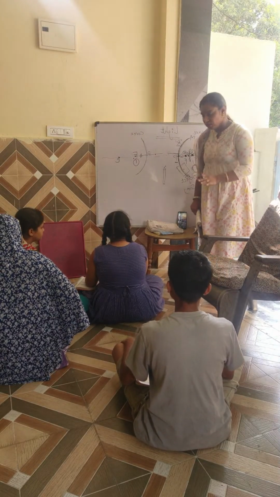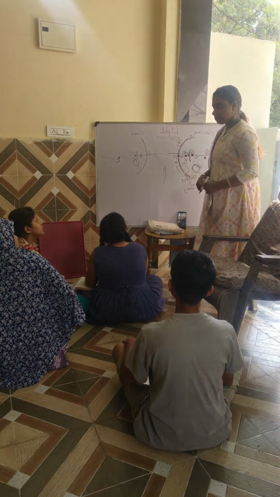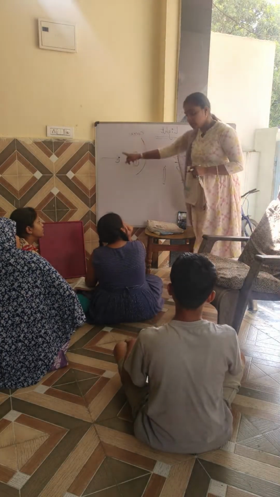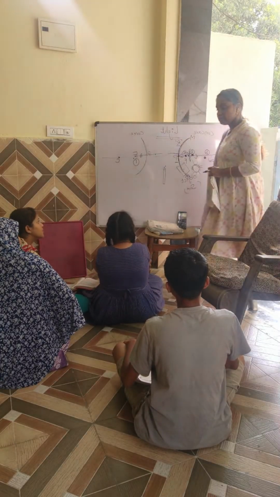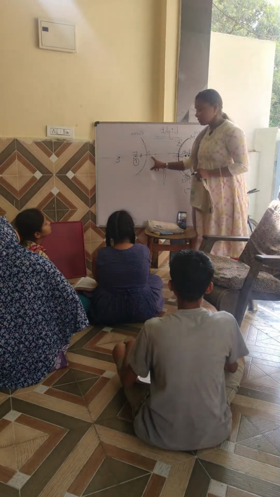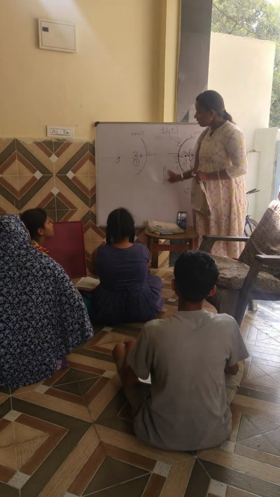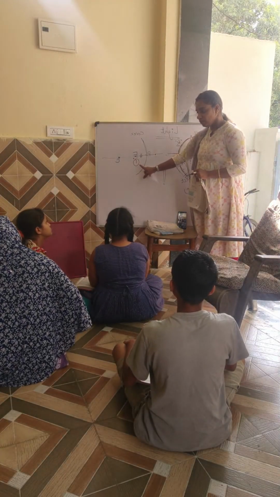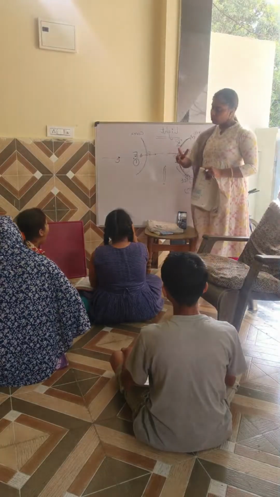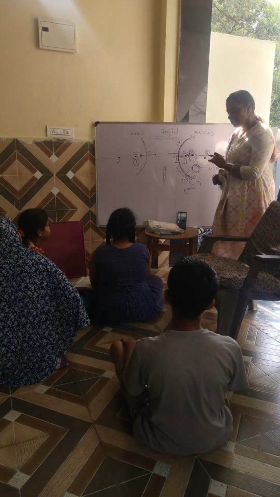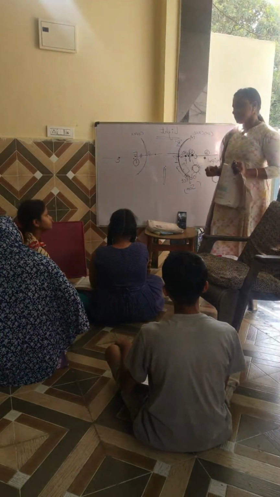So if you keep the object at infinity, the image is behind the mirror and will form at focus. If the object is at a finite distance between infinity and pole, the image will form between pole and focus. Only two positions we have discussed. In the case of concave mirrors there are many positions, but for convex mirrors I am considering only two cases.